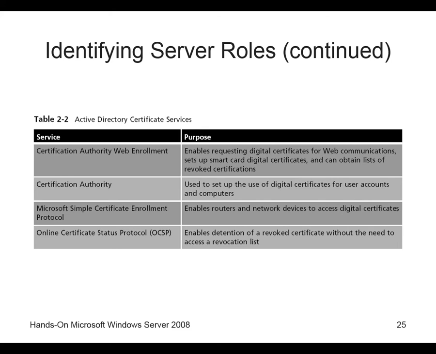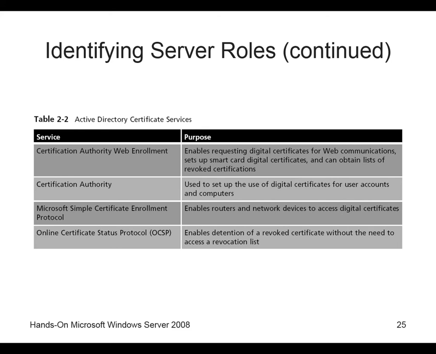The Microsoft Simple Certificate Enrollment Protocol basically allows all your network devices to gain access to your server by their certificates. Certification Authority, used to set up the use of digital certificates for user accounts and computers. So I can create a certificate for you so that I know you're a trusted member of my network.